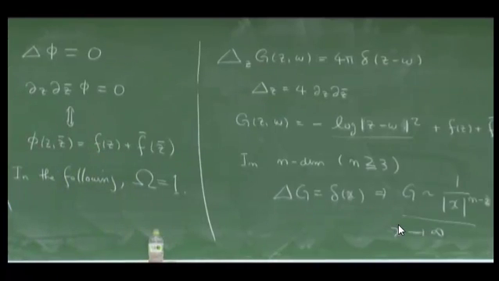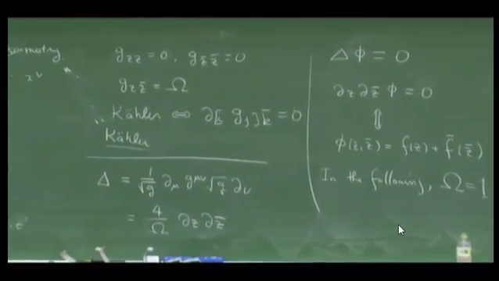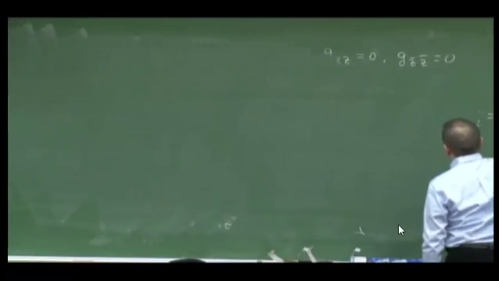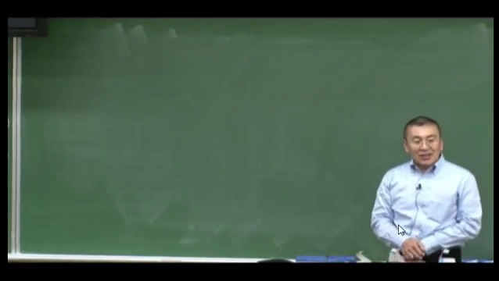Now, so this was a local solution. But if we introduce some interesting topology for a 2-dimensional surface, then we might need to do a little bit more. So for example, before we go to the torus, let's first consider a cylinder. Suppose we are considering a geometry that is a cylinder.